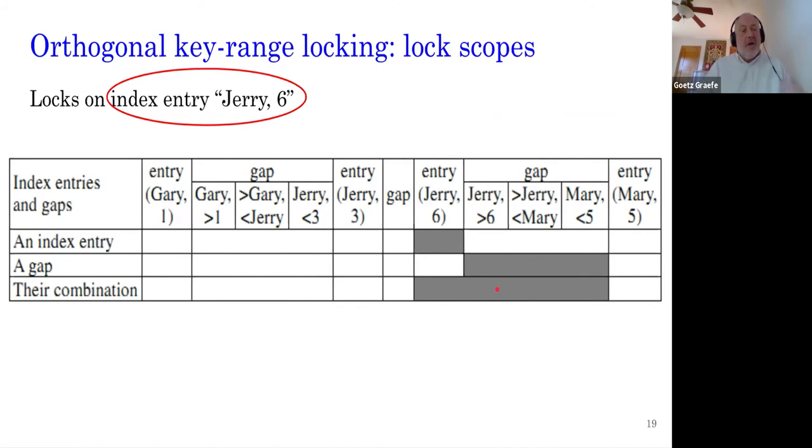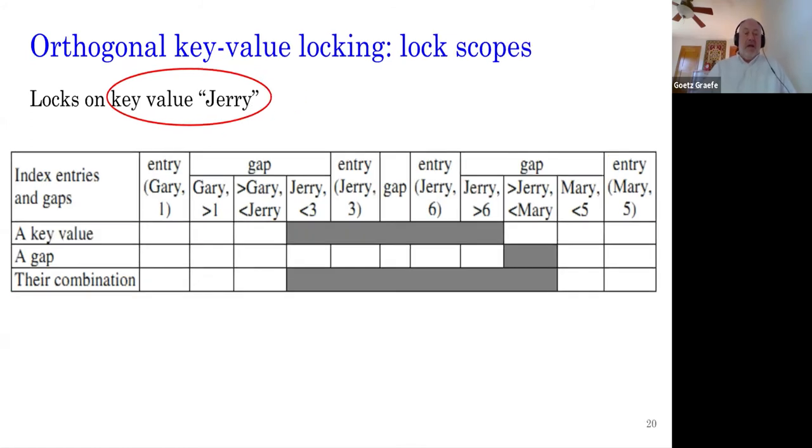Now, this idea of orthogonality between key and gap, we can not only apply to index entries, but we also can apply it to distinct key values. And so when we do that, we get the following. When we lock key value Jerry, we can either lock all Jerrys, the one that exists and the ones that don't exist, or we lock the succeeding gap after key value Jerry, or the combination.